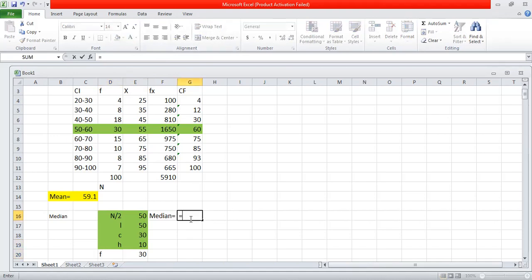So equals to L plus n by 2 minus C into H divided by F. Now this complete value you have to add to L, so one more bracket you include.